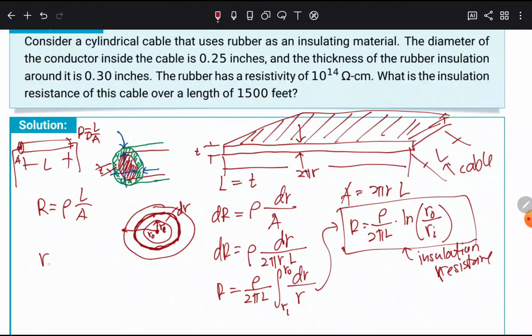So our r in will be, the diameter is 0.25, so divide that by 2. So r in will be 0.125 inches. And r out will be equal to that 0.125, and we add the thickness, which is also given, 0.3 inches, and that will be 0.425.